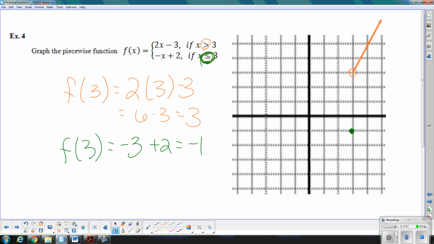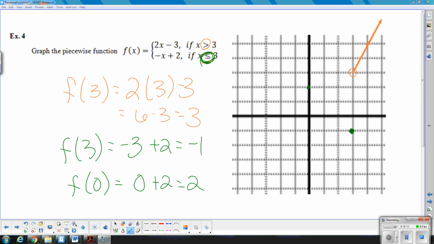If we chose another point that's less than 3, let's say 0, for example, when our x is 0, our y is 2. So we can graph that point. X is 0, y is 2. And then since it's linear, we can connect these points.